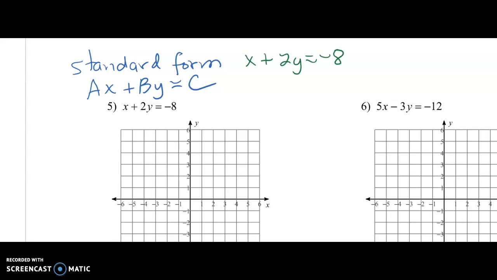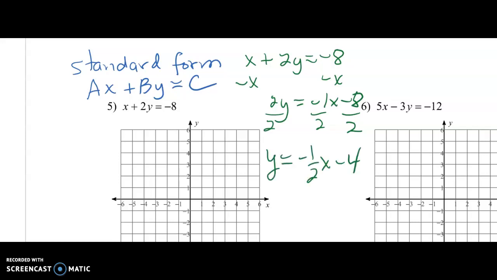So we're going to take this standard form and then solve for y. We're going to subtract x from both sides, and then divide everything by 2. When we do that, you're going to notice that now we have our equation in slope-intercept form.